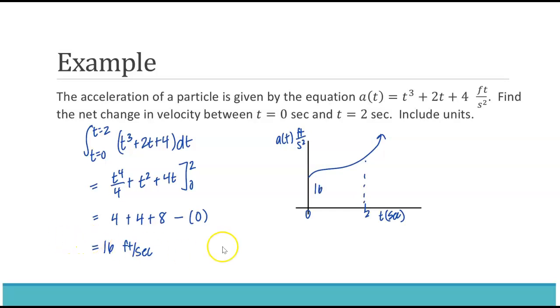And then when we multiply the units, feet per second squared times seconds, one of the seconds in the denominator cancels. So we have just feet per second left over. So units are always a great check in just making sure that we've done the correct operation. So integration was the right way to go to get from feet per second squared to feet per second, to get from acceleration to velocity.